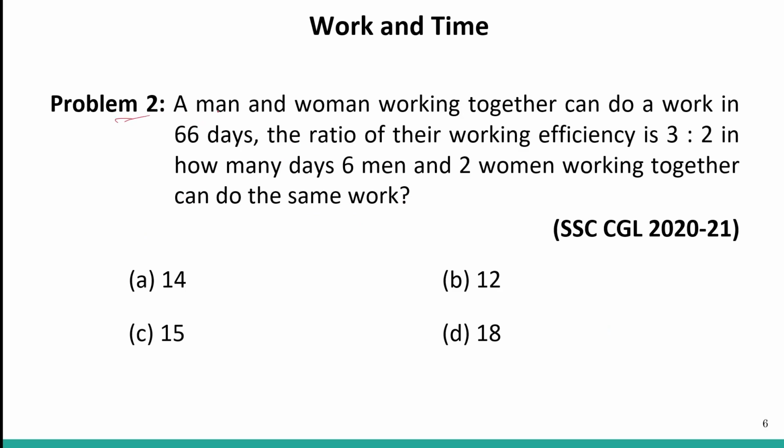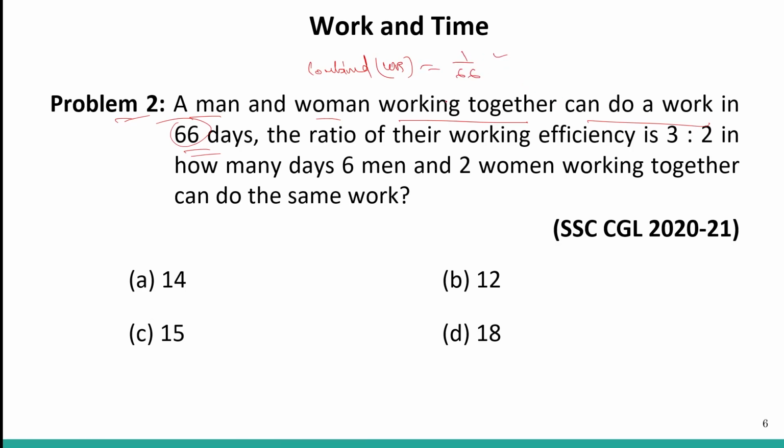Problem number 2. A man and a woman working together can do a work in 66 days. So their combined work rate, denoted by combined WR, is equal to 1 by 66.